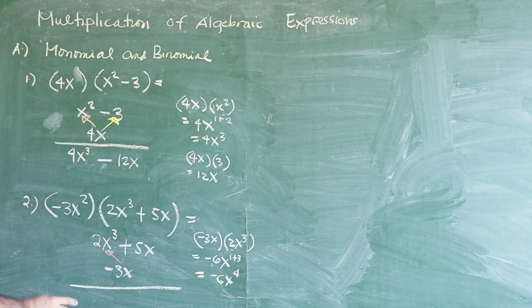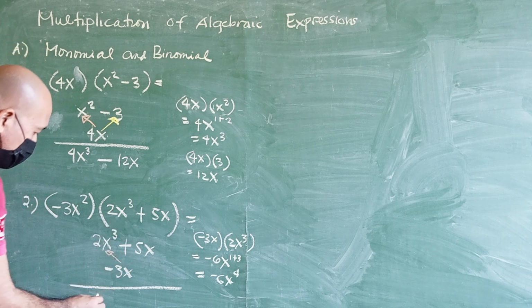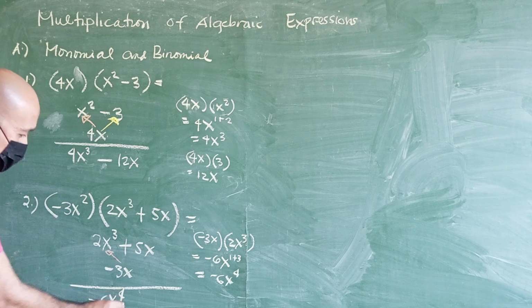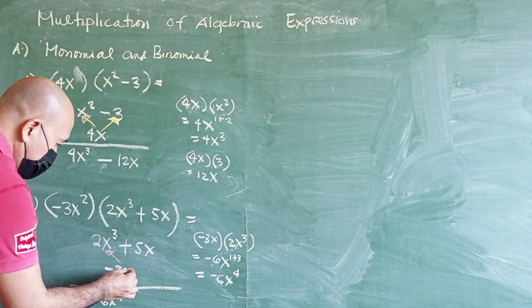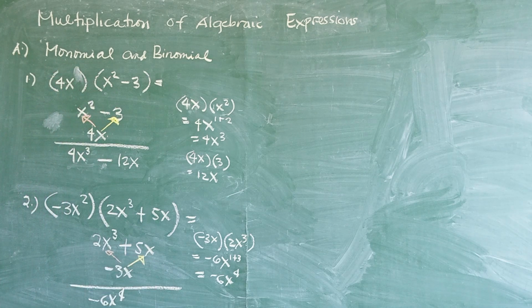So therefore, when you multiply negative 3x times 2x cubed, the answer here is negative 6x raised to the power of 4. The last one is, you multiply negative 3x to 5x. So what will happen?